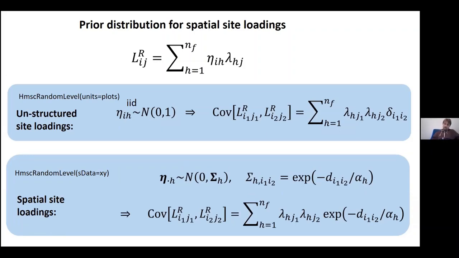But for example, in this case of a marine environment, it is truly a three-dimensional space. We have x, y, and z coordinates, where z coordinate is the depth of the water where you took the sample. But in that case, it's not so nice to have a single alpha parameter there, because you don't expect that the spatial scale of autocorrelation is the same in the x-y directions as in the z direction.